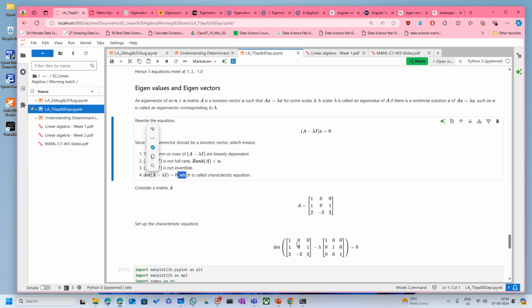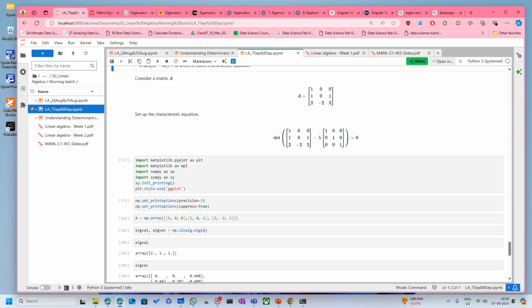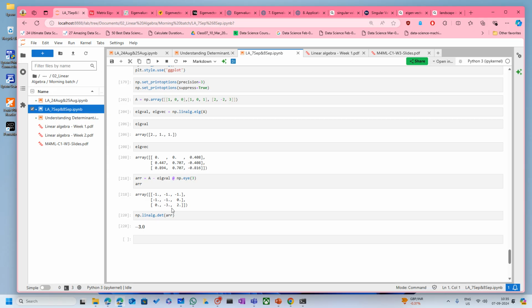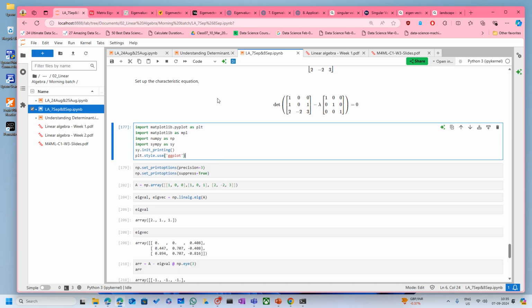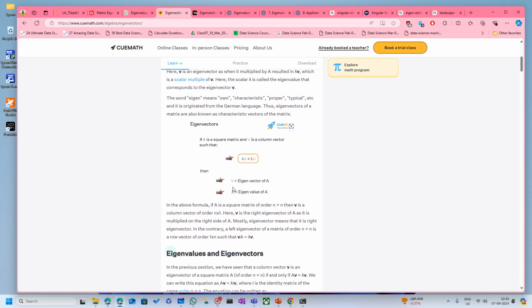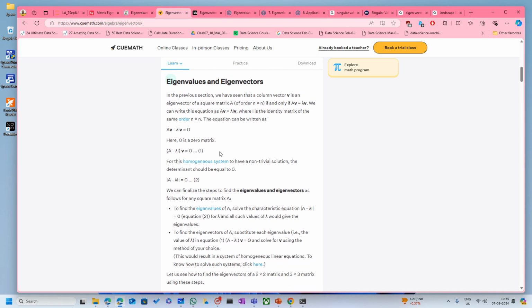Because it is not holding true, maybe this particular vector or matrix transformation that we are doing does not have proper eigenvalues. Anyway, you can also understand from here how they are calculating.